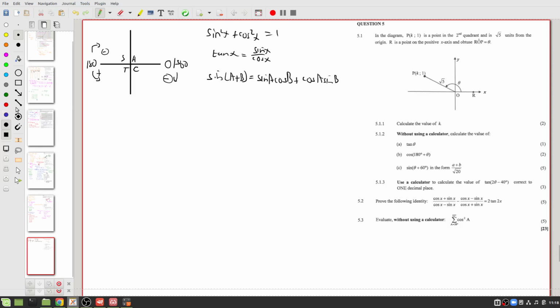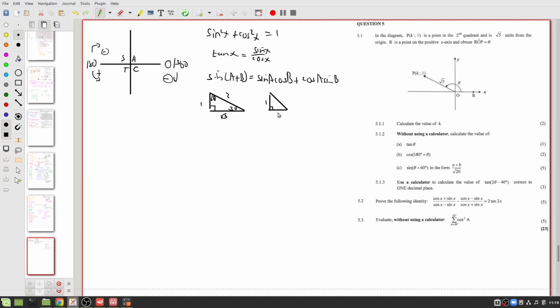And I think that looks like all we need to know for this, and we need to know our special triangles. So let's draw our special triangles in. So our special triangles look like this, and let's draw another one like that. Okay, so if that's the 90-degree angle, let's say this is 30 degrees and that's 60 degrees. We know the ratio of the sides are 1, 2, square root 3.